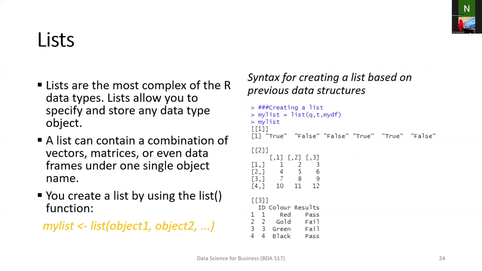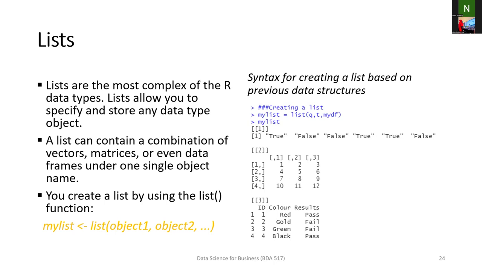Yes, sir. Okay. So with the list, you can store any object. Every object that you have, you can put in a list. Besides a vector, a list can take a data frame. It can even take a list within the list. So a list is like a big place where you can store all your objects. It can contain a combination of vectors, matrices, and data frames under one single name.